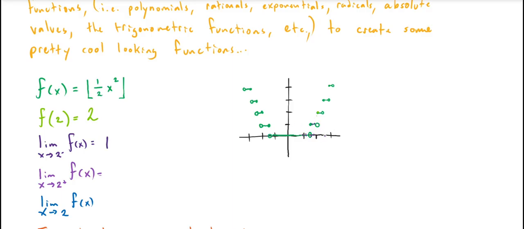But if we approach 2 positively, starting over here with our x values and working our way down, we start off first at this higher part of the graph. Then we jump down here and we get closer and closer to this value of 2 as we get closer to an x value of 2. So in the end, our y values are approaching 2 at this point. Now, these are not equal to each other, and so we would say that this limit does not exist.